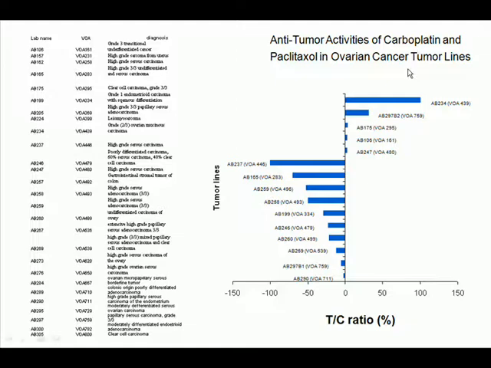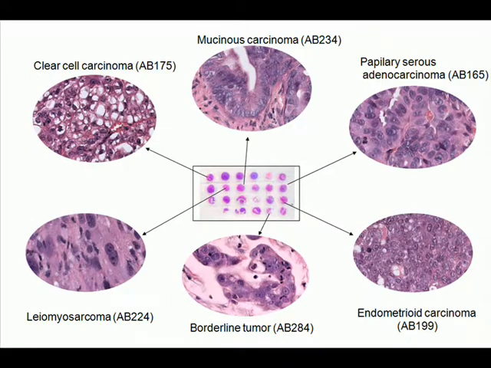In this case, I just want to show you the drug sensitivity to a standard chemotherapy, even though they are the same kind of high-grade carcinoma. One is a good responder, one is a bad responder, one is a partial responder. So it's not necessarily that you're talking about one thing. One model cannot tell you the whole story. You need a panel. We will come back to that topic shortly.